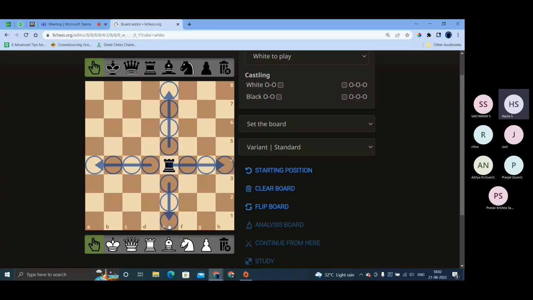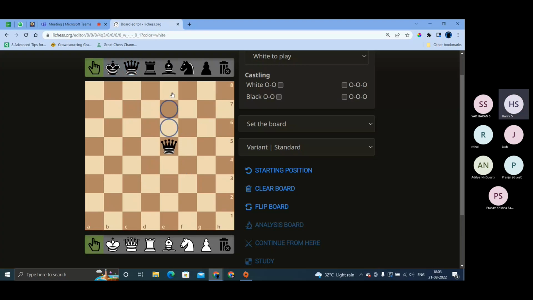Control. Same with the bishop. A bishop moves diagonally, right? So it controls this entire diagonal. These are all empty squares, right? So it controls these squares. Same with the queen.